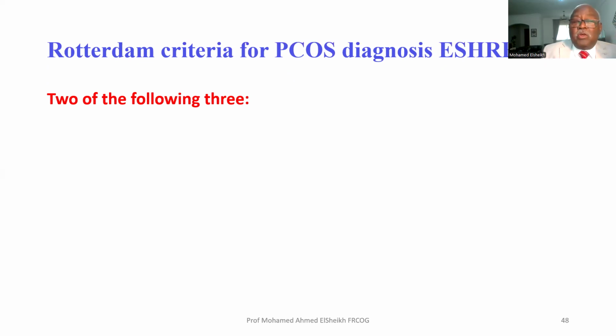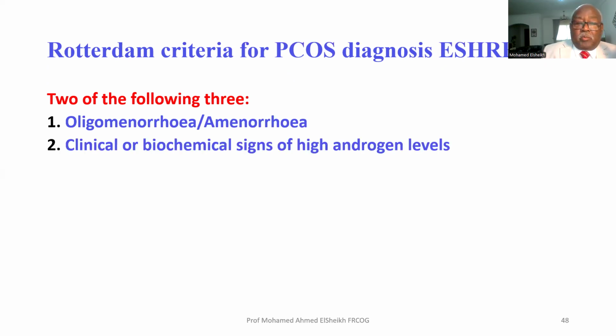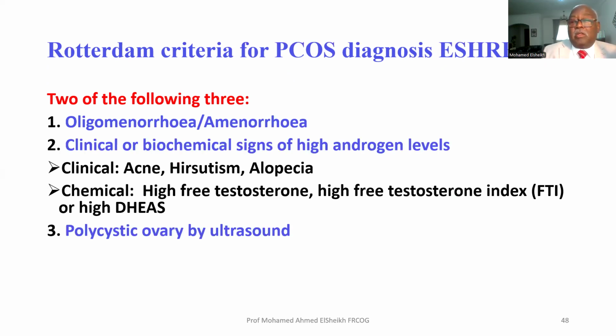The syndrome is usually diagnosed by the Rotterdam criteria from the ESHRE meeting. They put it as follows. If two of the following three are present. One, disturbance of the menstrual cycle, either oligomenorrhea or amenorrhea.